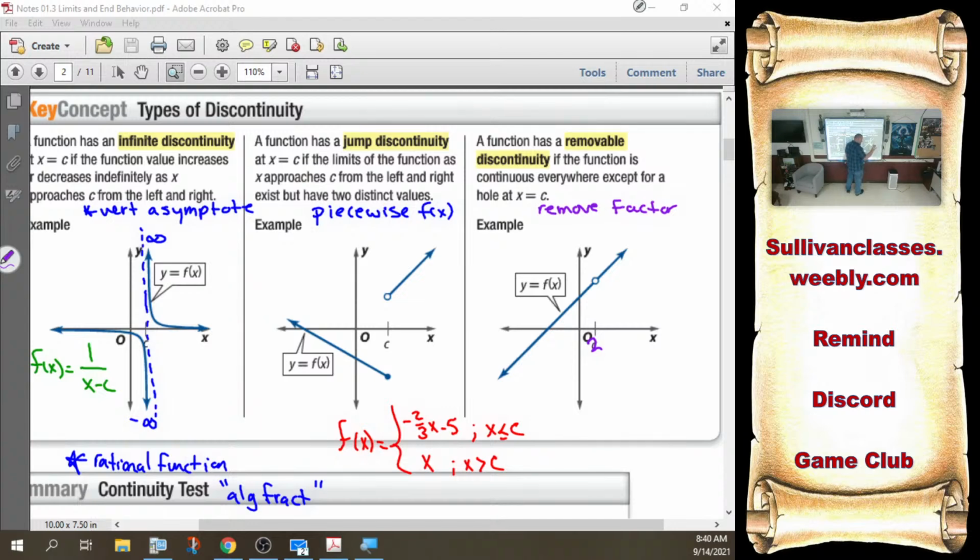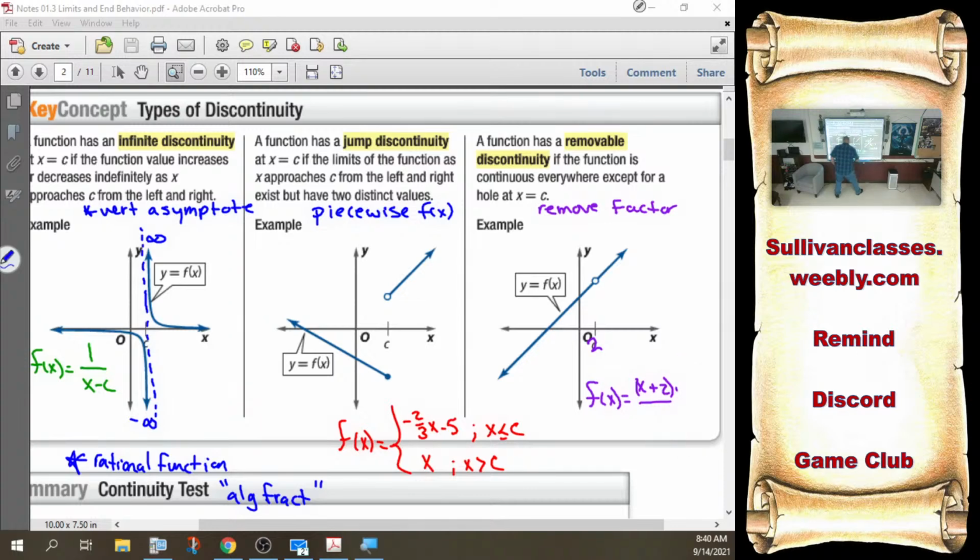It's been a long time since you've seen these, but what if I had f of x is x plus 2, x minus 3 over... Actually, I should just put c because it's c right here.